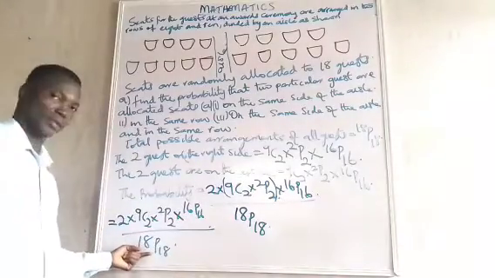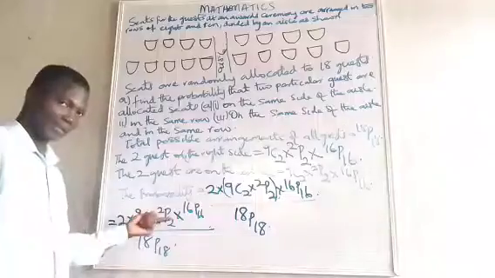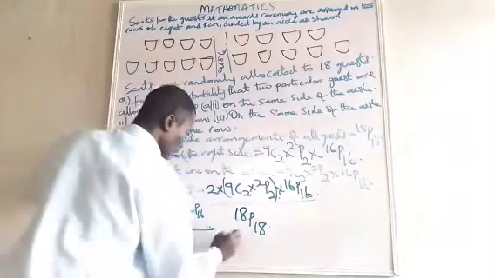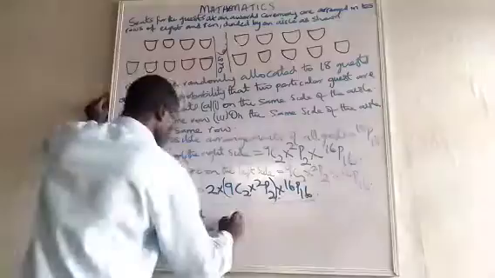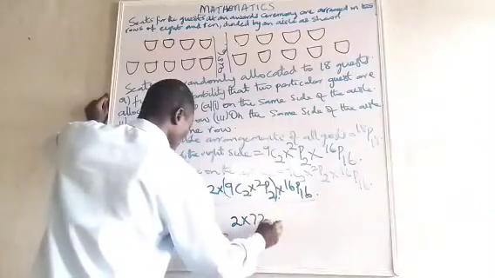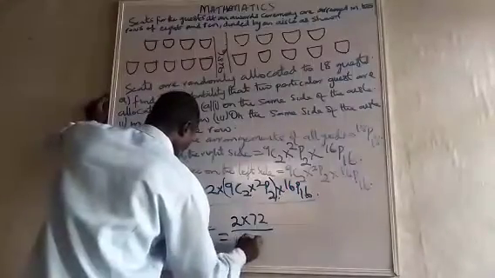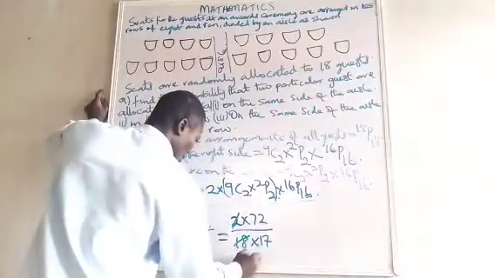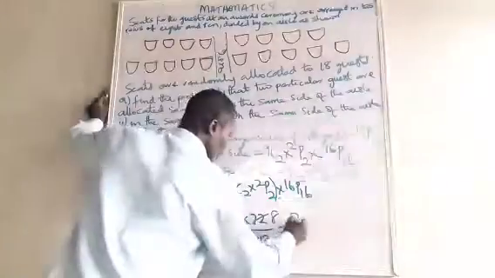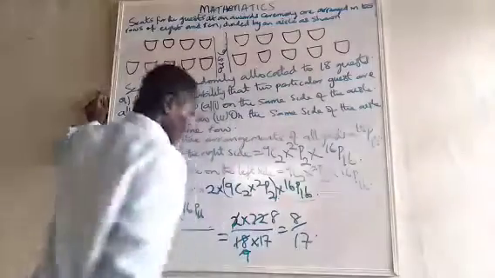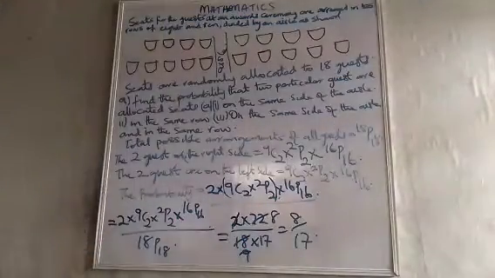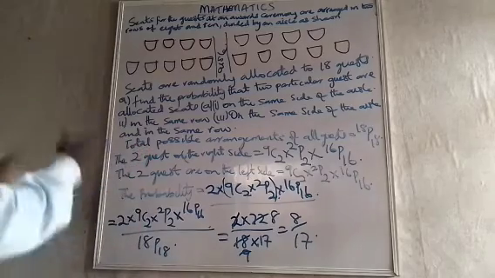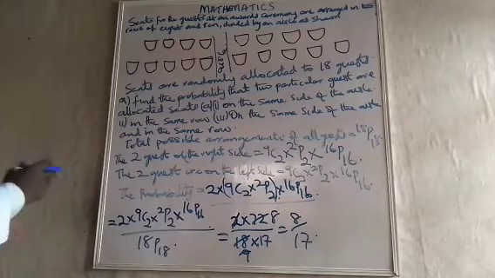This one from this will give us 18 times 17. So 2 times 72 over 18 times 17. So here I have 9, and this one is 8. So I have 8 over 17, just like we got it earlier on. You can consider it like this, or you can just segment it to the only 2 guests.